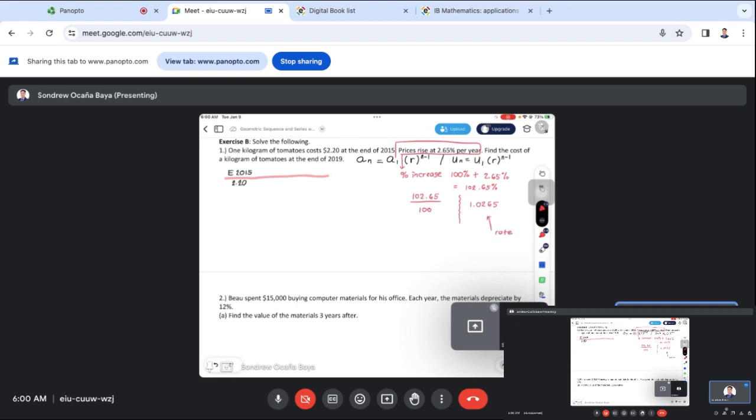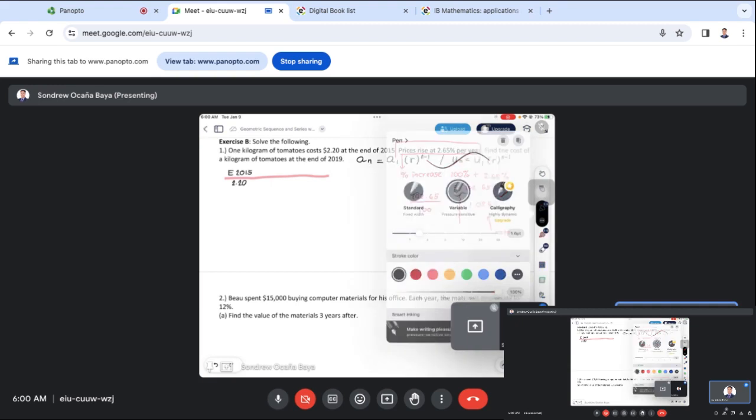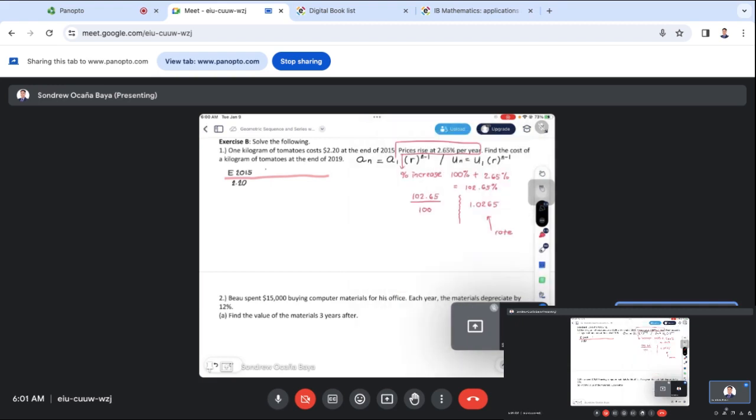All right. When we say that that is our rate, that means at the end of 2016, to get the new amount, we have to multiply 2.20 by 1.0265. And so on and so forth.